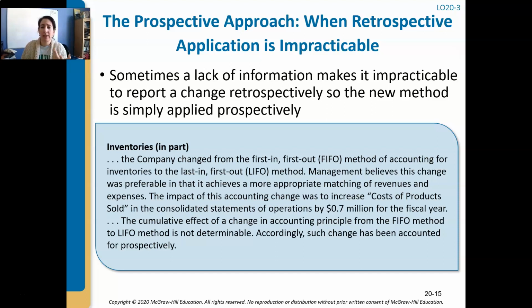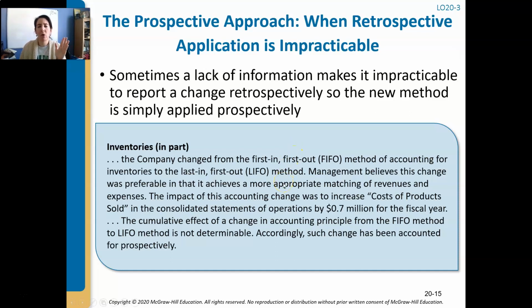Now, why are we doing that? It's simply because maybe it's impractical to report a change retrospectively, so we just apply the new change going forward. An example of this is switching to the LIFO method. The LIFO method is layers of inventory. How in the world are you creating those old original inventory layers if you've been in business for a while? I can't even imagine.